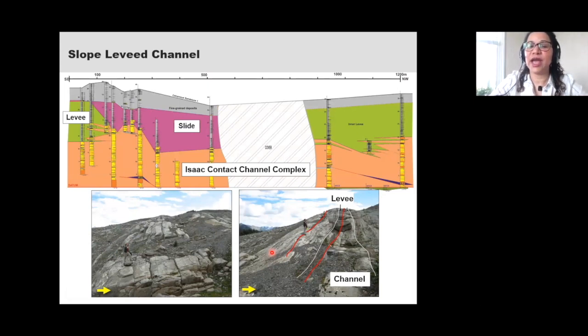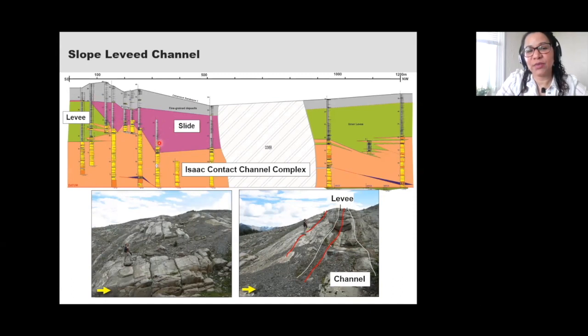These levee channels show lateral accretion surfaces, and the filling of the channel is pebble conglomerates and coarse-grained sandstone. In the upper channel fills, we are able to walk from the channel's axis all the way to the margins, and we can also see the levee facies that are contiguous to these channels.